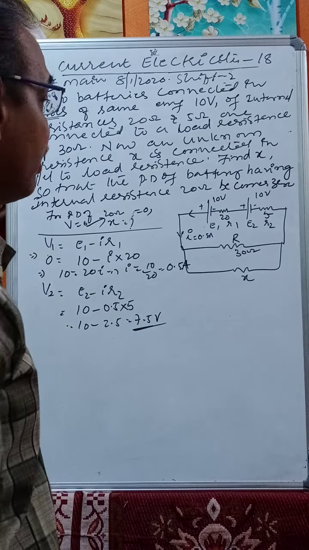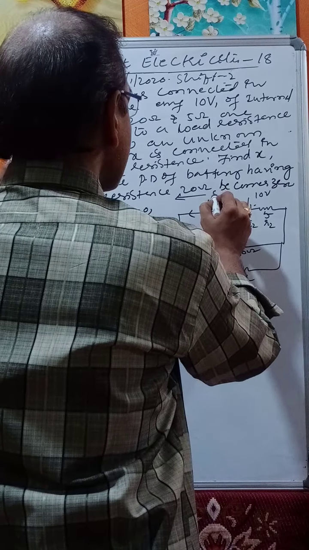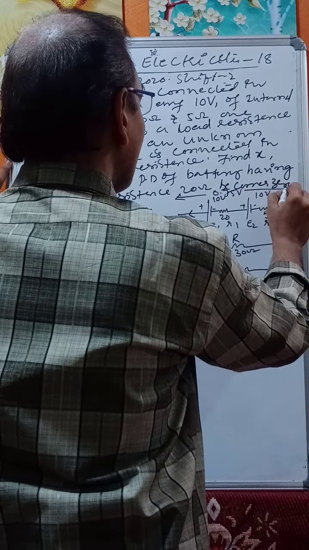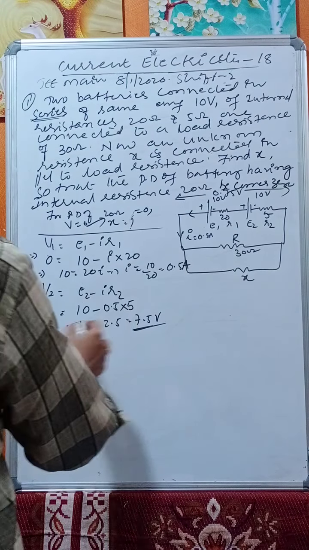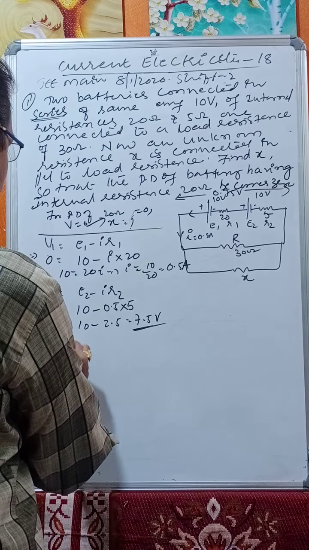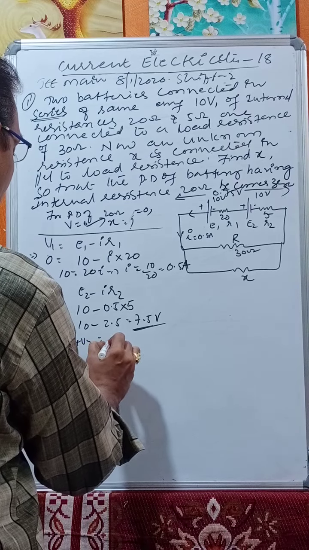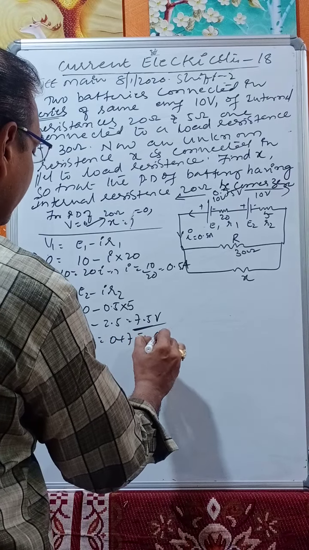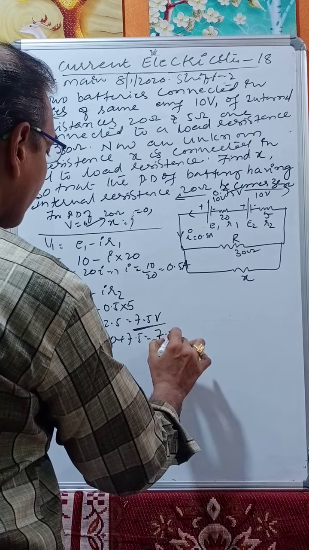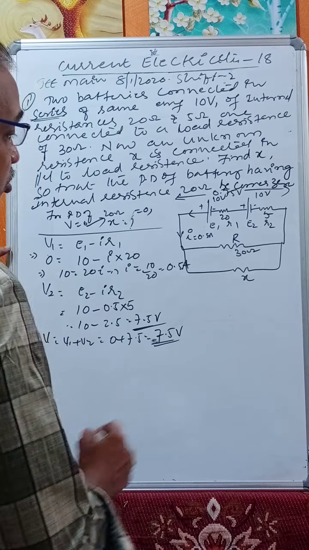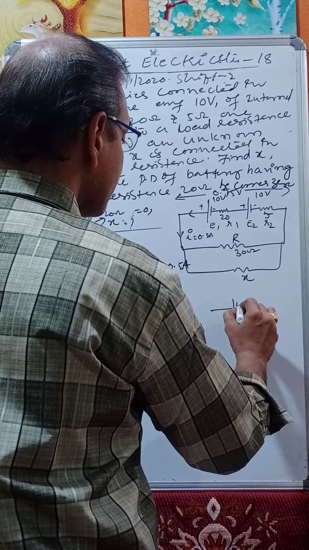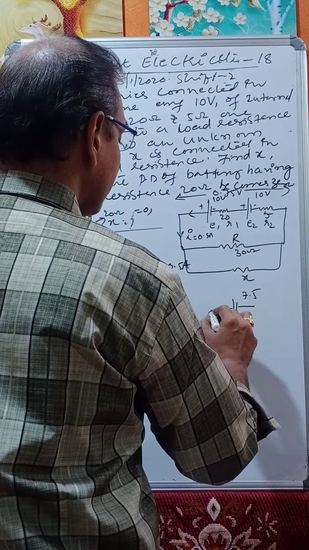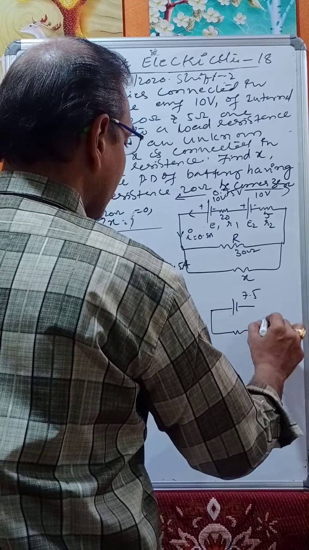This is 0, this is 7.5. Net potential V is equal to V1 plus V2, 0 plus 7.5, that is 7.5 volts only.